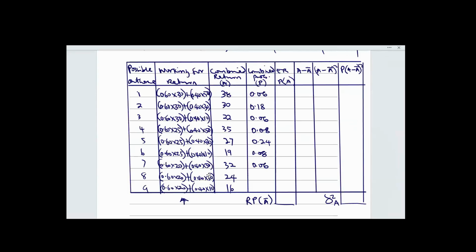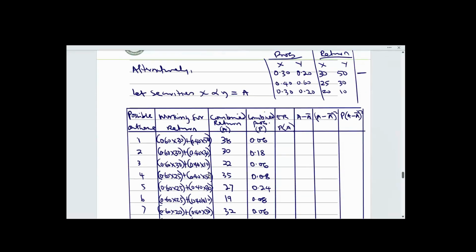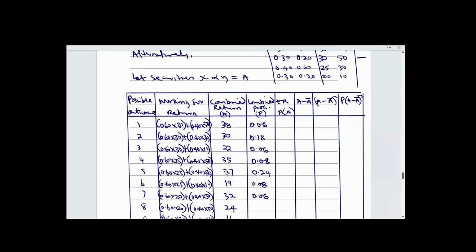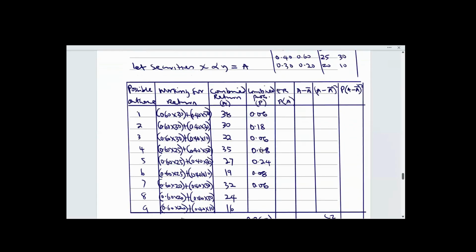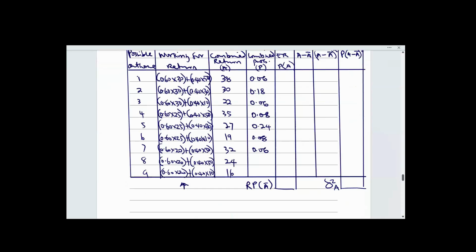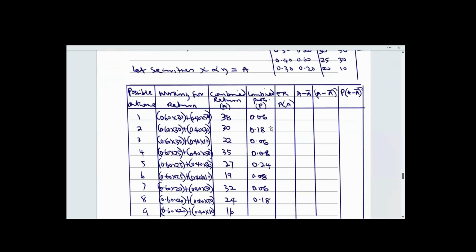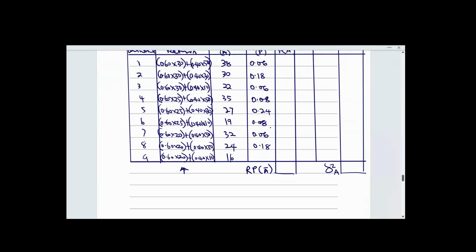Then probability of return 20, which is point of return 30, which is 0.6, that's 0.18. Then probability of 0.3 multiplied by probability of 0.2, that will give us 0.06.